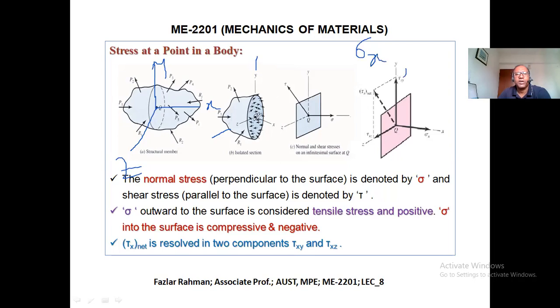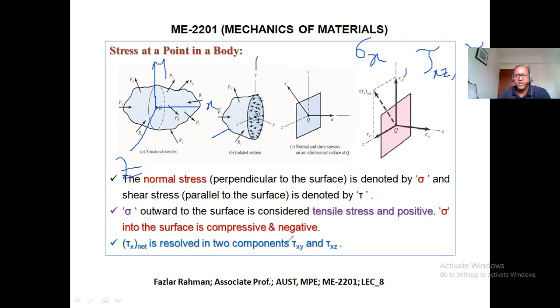One tau works in the y direction, the other in the z direction. So there are two taus. The sigma works along the x-axis, so for all of them I put x first. This tau working along the z-axis I'll call tau xz, and this tau working upward, along the y direction, I'll call tau xy.